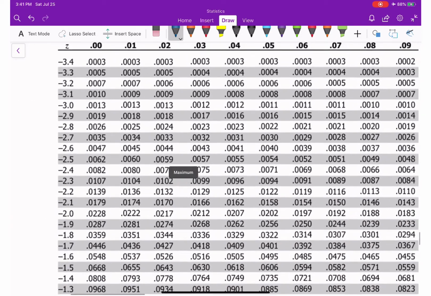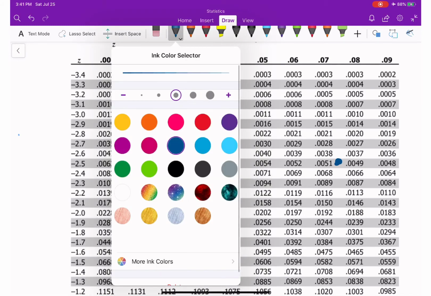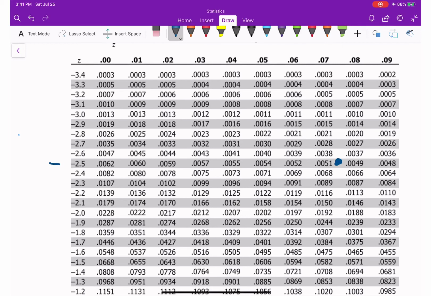0.005. Here we have 3 zeros. We need 2 zeros. 0, 0, here it is 47. I'm looking for 0.005. There we go, right here. 0.005. That's gonna be negative 2.5, and here it is 7, 8.